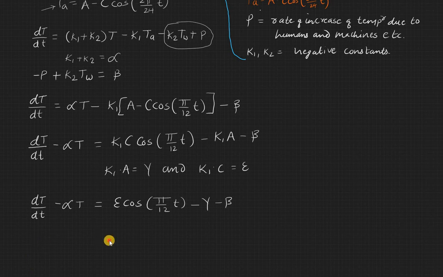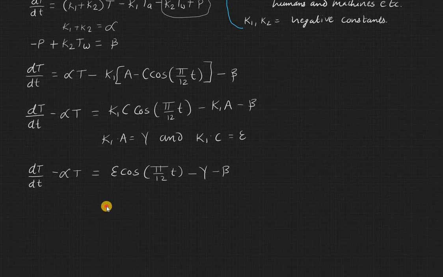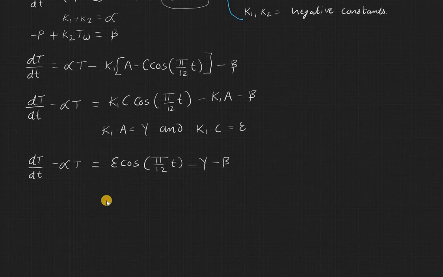We can solve this simplified ordinary differential equation using the integration factor. So we can consider our integration factor to be mu of t is equal to e to the power integration of p of t into dt.